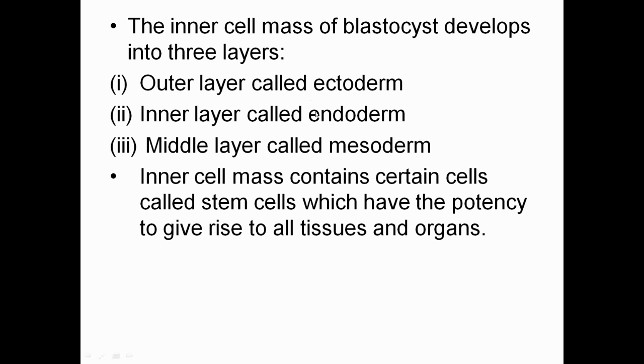Inner cell mass contains certain cells that is referred as stem cells. Stem cells are the potent cells which can give rise to any tissues or organ. So these are very important source of research in future. Nowadays, umbilical cord is going to be preserved after the delivery so that it can be used for extracting stem cells.